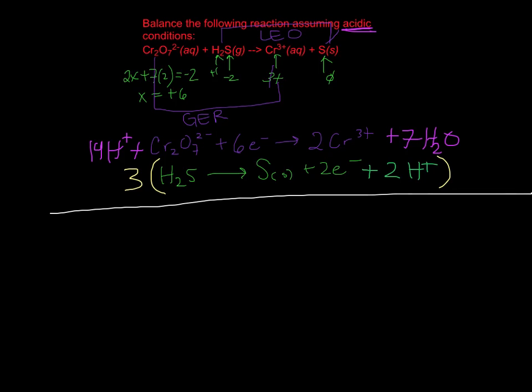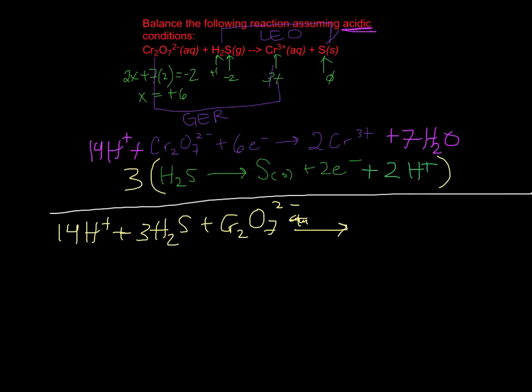So we have 14 H+, 3 hydrogen sulfide, plus Cr2O7 2-, going to 2 chromium 3+, 3 solid sulfur, plus 6 H+, 7 H2O.